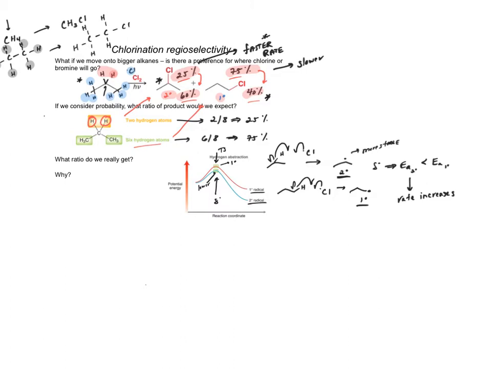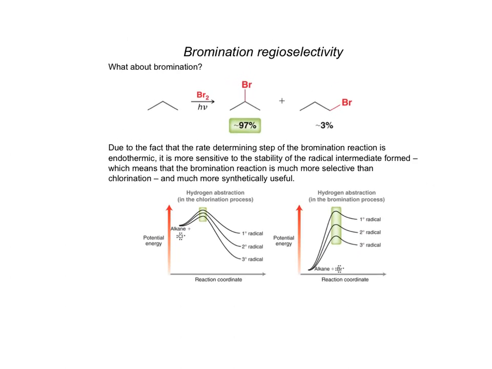Now, if we talk about bromination of propane, take propane again, and instead of chlorinating it, we're going to react it with bromine. Again, we're going to get overall an exothermic reaction. But now the product distribution is pretty different, right? For chlorination, we saw 60-40 between the secondary alkyl halide and the primary alkyl halide.